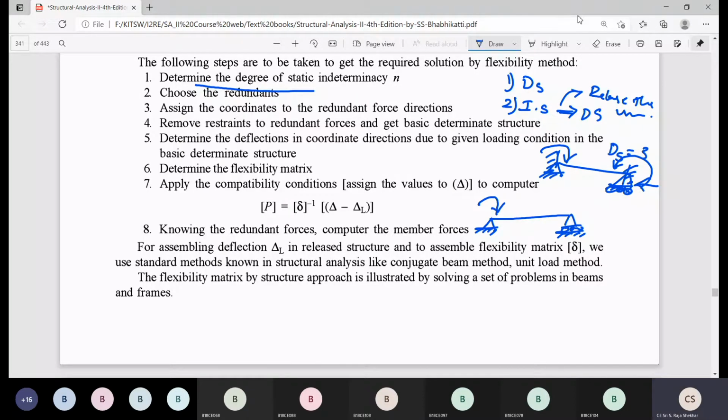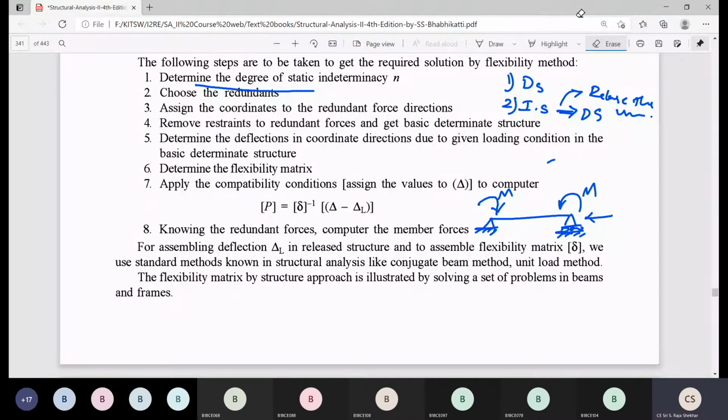Here I am applying a moment equal to the fixed moment, and I am applying a horizontal force which is equal to the horizontal reaction. So this is similar to our fixed beam. The fixed beam reactions are compensated by these applied forces.